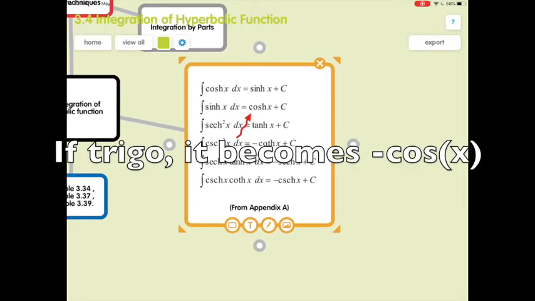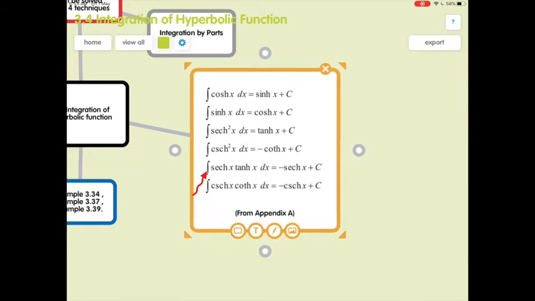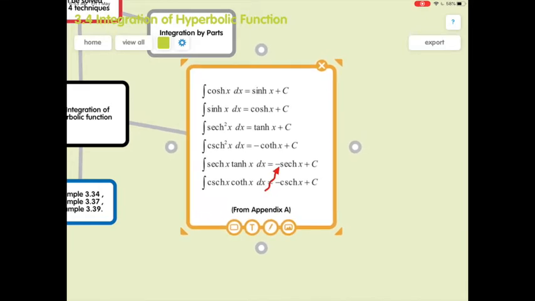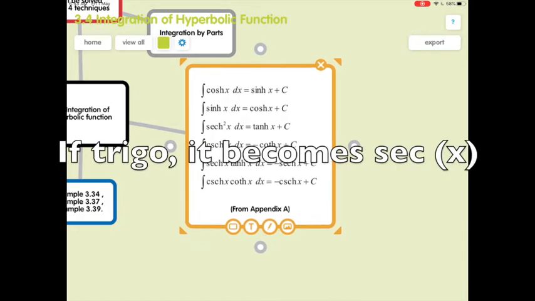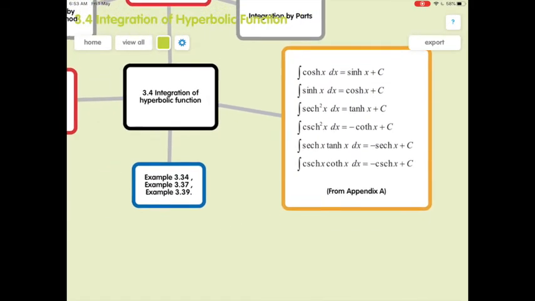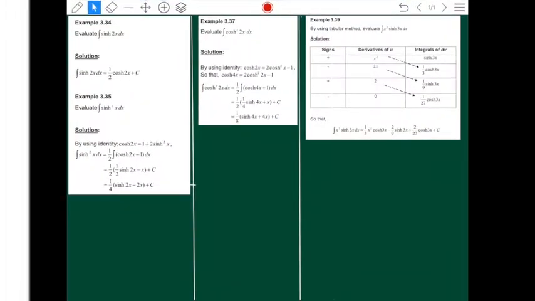Another difference is with hyperbolic secant and hyperbolic tangent: if you integrate them, you will get negative hyperbolic secant, whereas in trigonometric functions you will get positive. So that is the only difference. Now let's check out examples of hyperbolic functions.